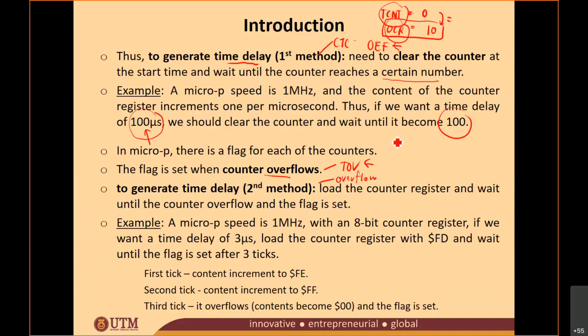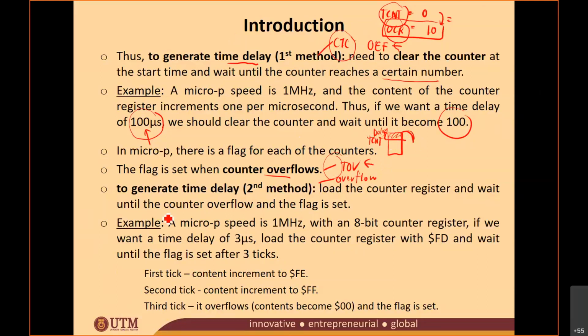So you load your TCNT value, and then you need to wait until this TCNT overflows. Then you have generated your delay. Later we will see in more detail how the CTC mode works and how the overflow mode works.